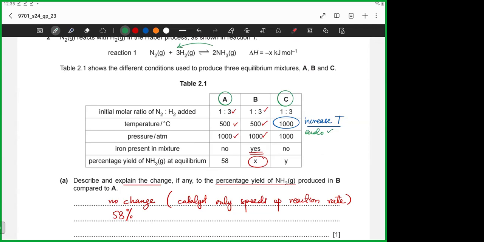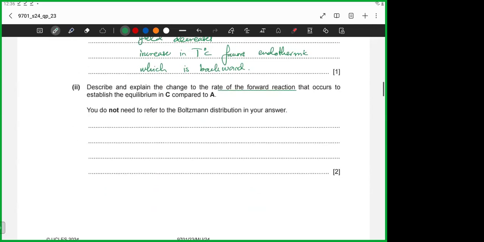Okay, what's the difference in the rate? A has a lower rate compared to C. Why? Because the temperature is lower in A.